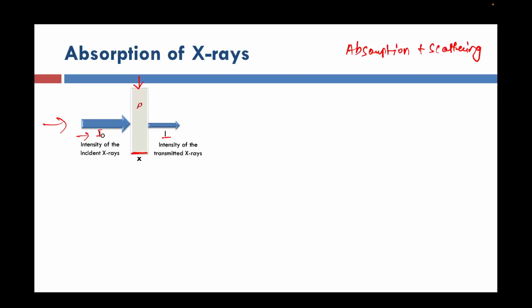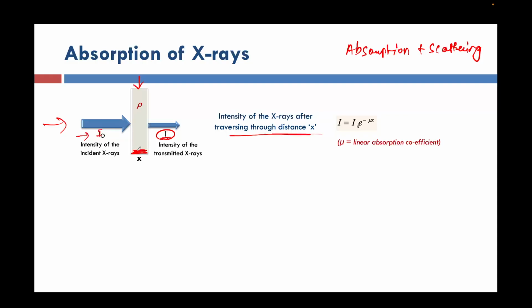Experimentally, if I can get this transmitted intensity, then I can correlate it with how much absorption my material is doing, and the formula is given by I is equal to I naught e to the power minus mu x.